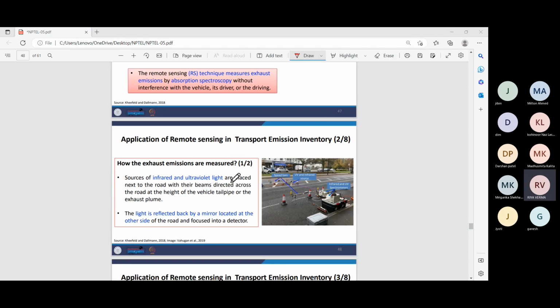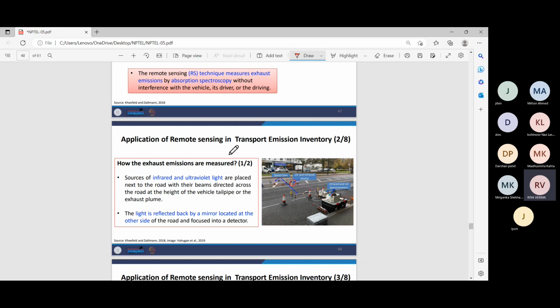So how are we using this technique in the transport emission inventory? How are the exhaust emissions measured? Basically, sources of infrared and ultraviolet, IR and UV, light are placed next to the road with their beams directed across the road at the height of the vehicle tailpipe or the exhaust plume. You can clearly see these are the speed bars, and these small devices are the UV and infrared sources, and here we have the spectrometer.